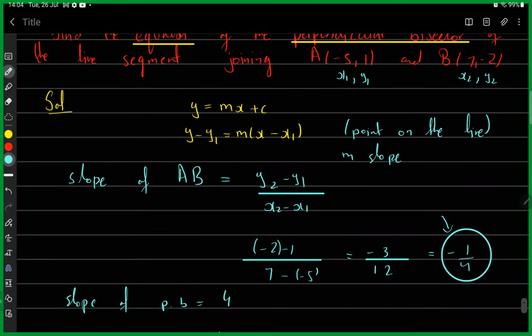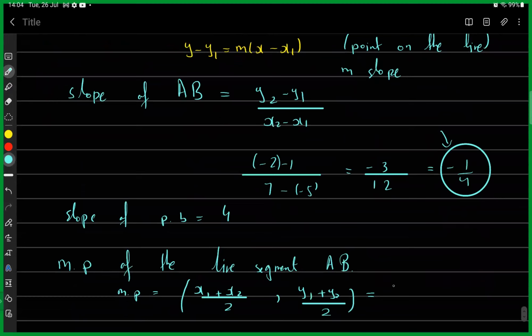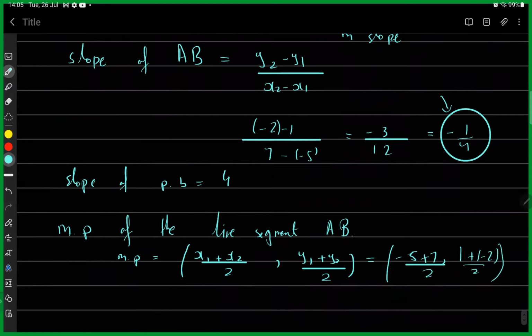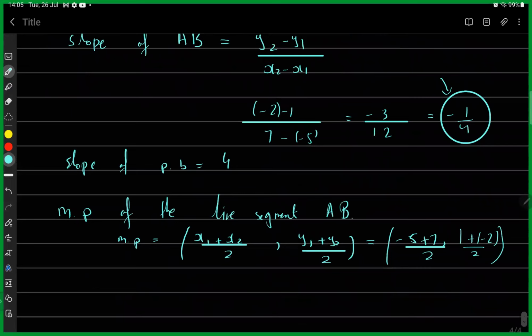It would be minus 5 plus 7, and 1 minus 2, divided by 2 and 2. And finally, the midpoint is going to be positive 1 and minus 1 by 2. Okay, all right. Now everything is sorted.